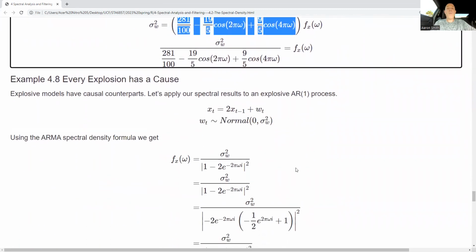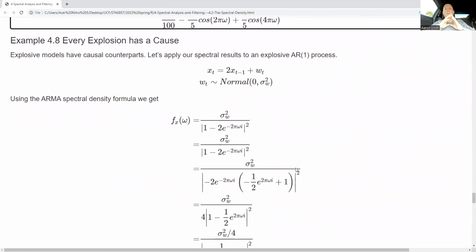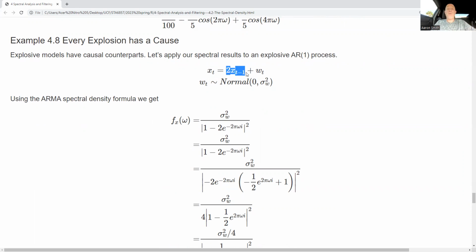All right, so now let's consider the situation where I have an explosive time series. Realize that if I go with this autoregressive degree 1 model, that coefficient is greater than 1 in magnitude. And so what's going to happen is that the time series is going to blow up and get big after a few iterations.